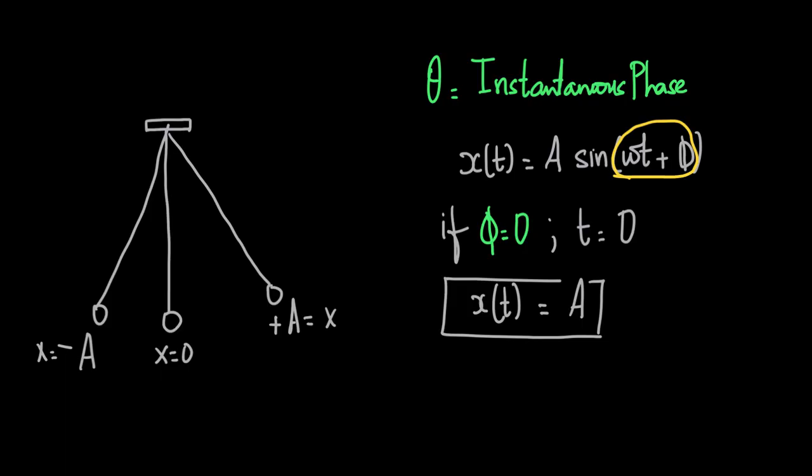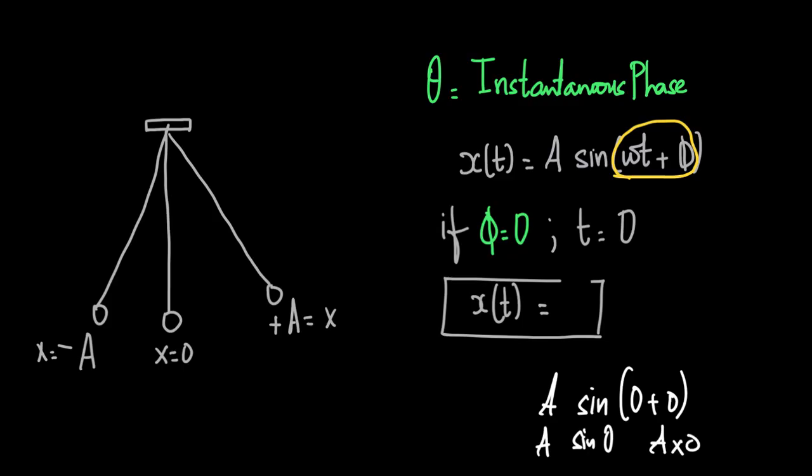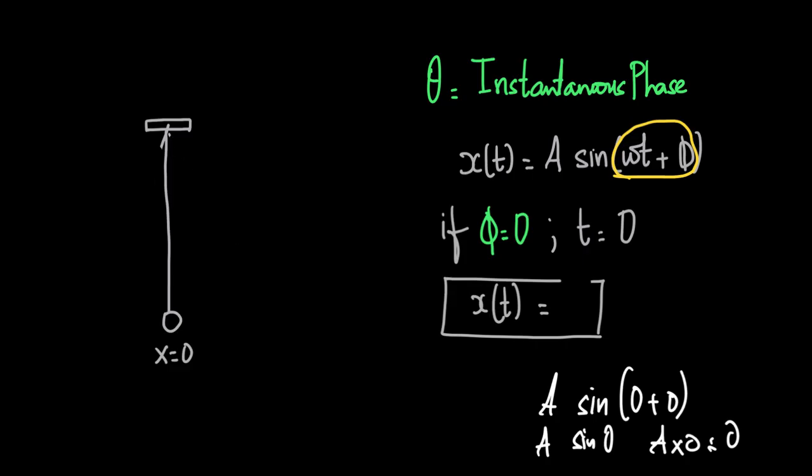That's a minor mistake there, my bad. This means the expression is a sine of 0 plus 0, which is a sine 0. What is sine 0? Sine 0 is 0. So that becomes a times 0, which is 0, which means the pendulum is now at x is equal to 0. Now you're like, okay, 50-50. But we're going to make it 50, 100, right? Okay, let's do that.